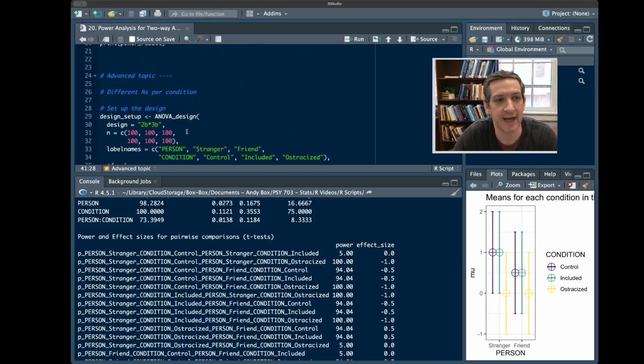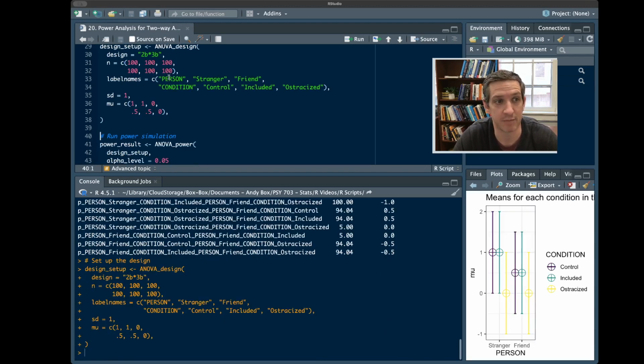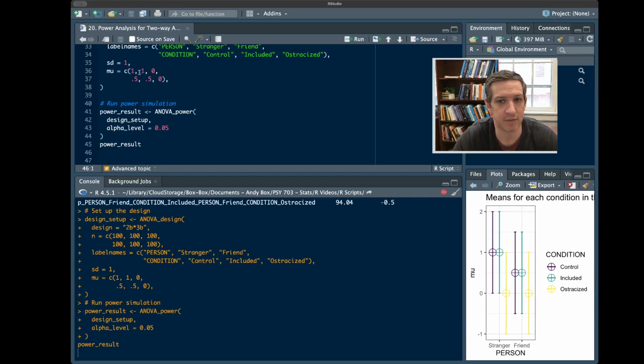When you do that, it takes longer because it has to simulate it, but you buy the ability to input different n's per condition. So I can run exactly what we ran above with 600 participants, assuming the same number per condition. It takes a minute to run because it's simulating, but when it's done, it'll give me results that approximate what we got earlier.